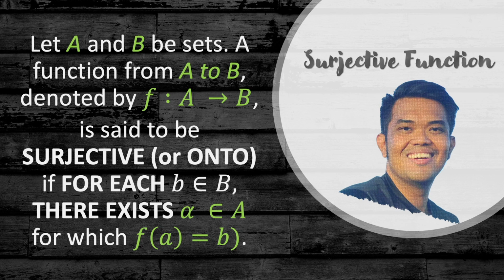The definition requires us that all elements of the codomain must be mapped to at least one element of the domain. At least one would mean that it could be more than one, but it should never be none.